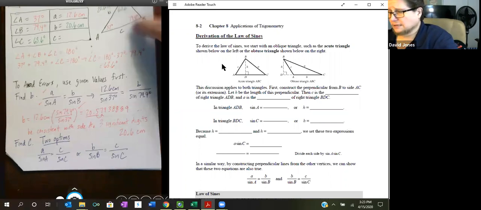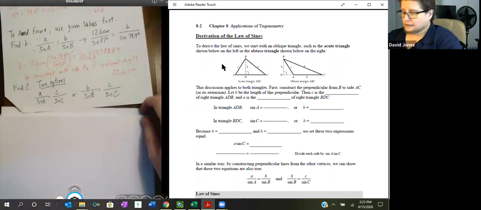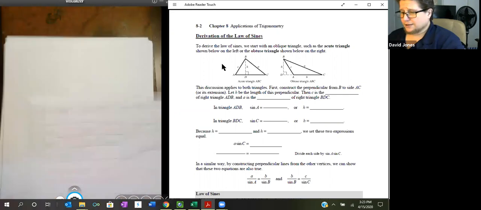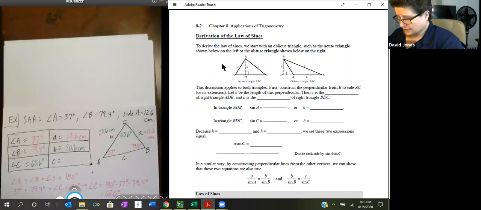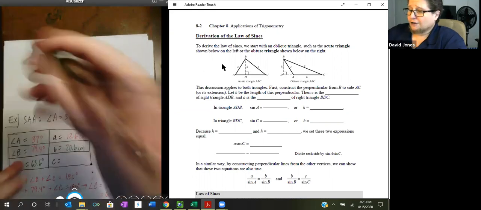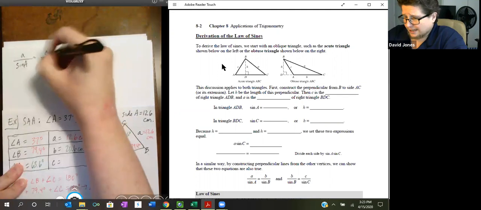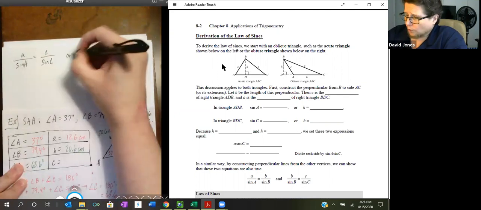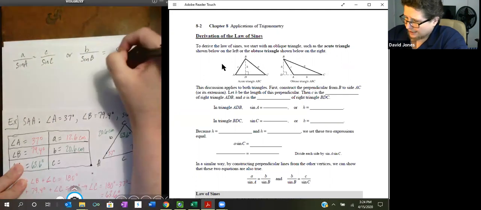Let me do this. That way we have our data down here. So let me rewrite that. A over sine A equals C over sine C, or B over sine B equals C over sine C.